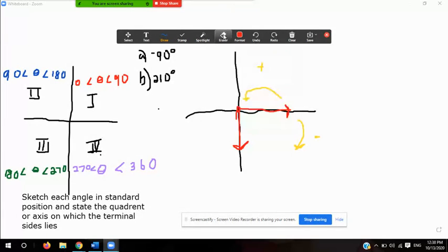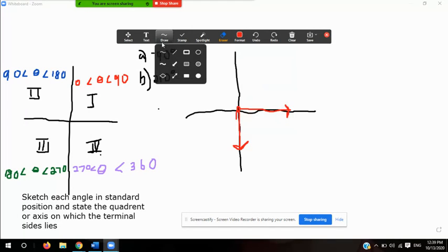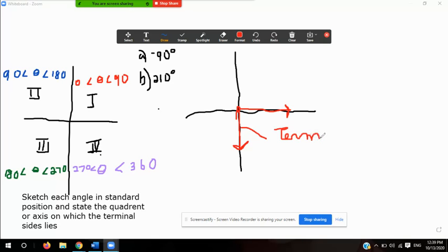Okay, let me erase this. So the terminal side would be here. So this is where my terminal side would be. Terminal side. Give me 1 second.